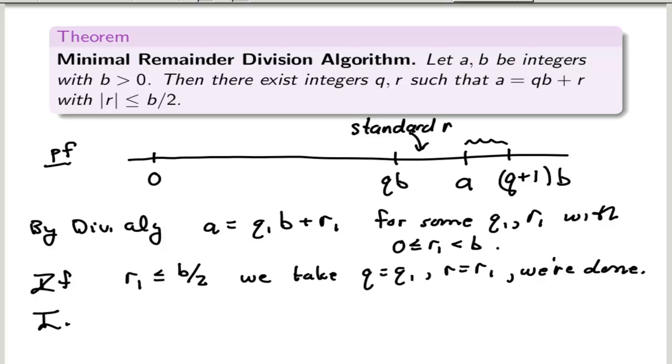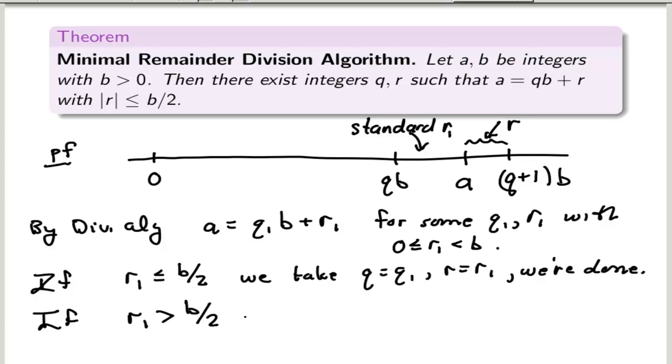If, on the other hand, this remainder, this is the R1 value right here, is bigger than B over 2, then this one is going to be the smaller one.